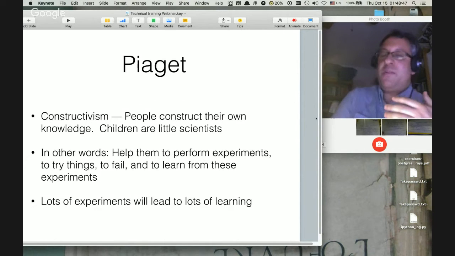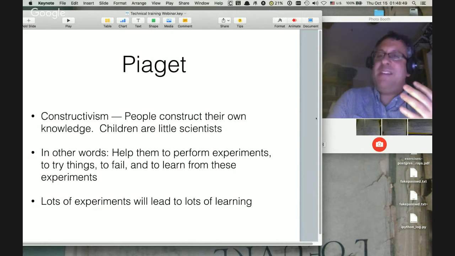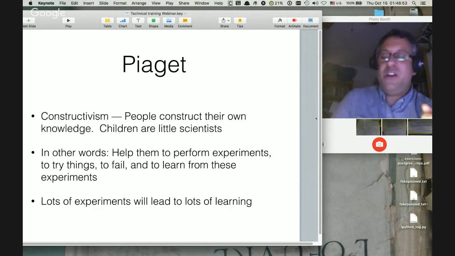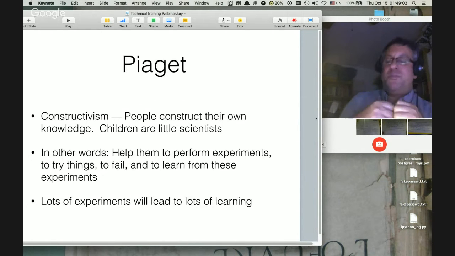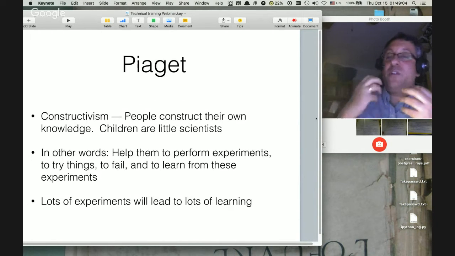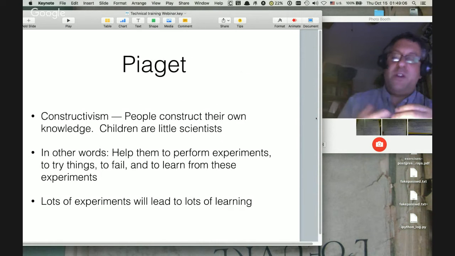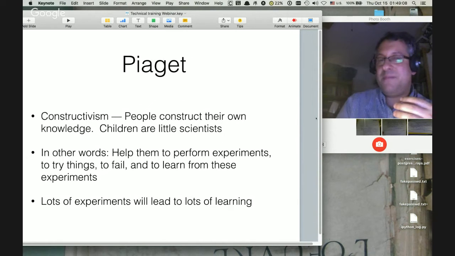He thought of something called constructivism. He basically said people do not absorb knowledge from others. So when I am talking to you now, you are not just receiving and absorbing the knowledge I'm giving you. Rather, Piaget's theory was people have to construct their own knowledge, meaning I talk, you're listening, you're breaking it apart, you're putting it back together, and you're constructing it in ways that you understand, which might be different than the way that I'm saying it.